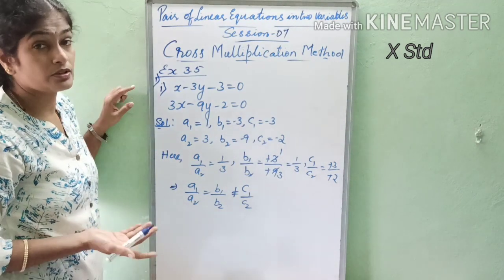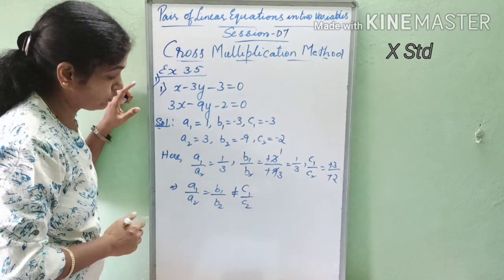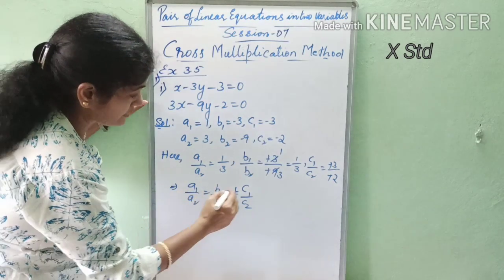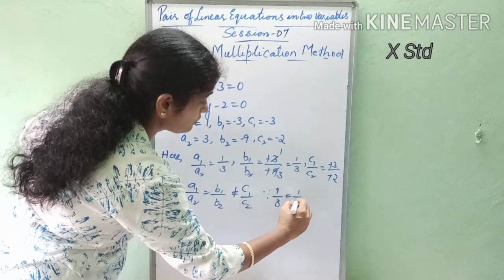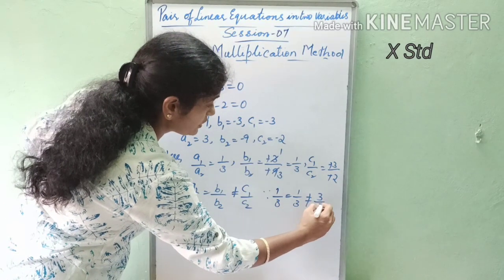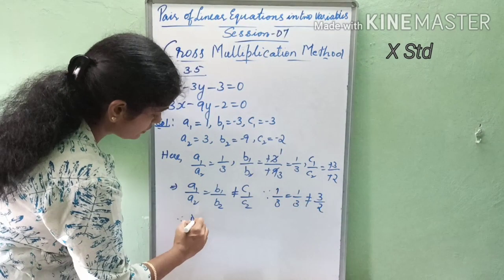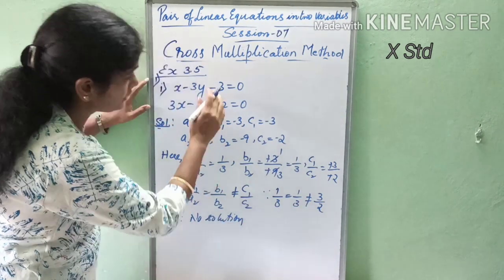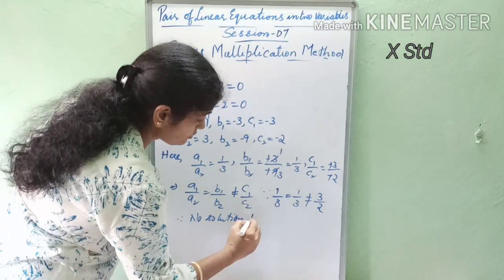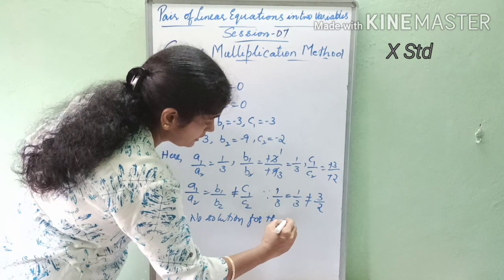Therefore, does the solution exist? No, the solution does not exist, because 1 by 3 is equal to 1 by 3 and this is not equal to 3 by 2. Therefore, no solution for the given pair of linear equations.